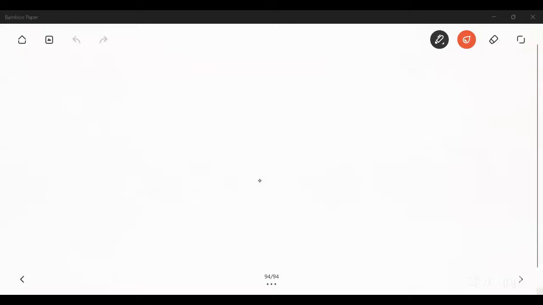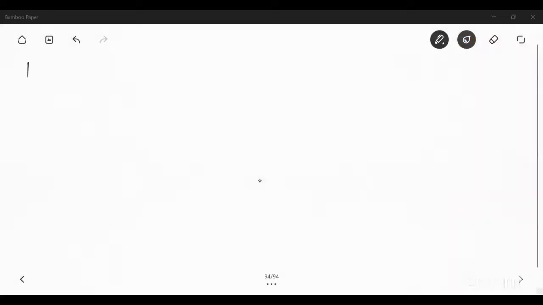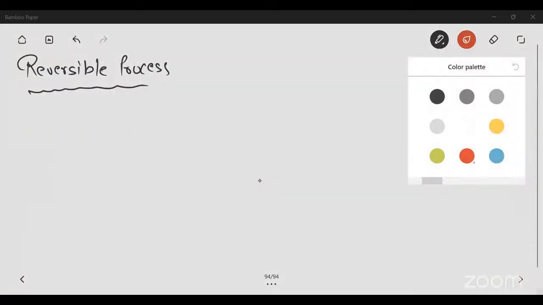So, firstly, we have to discuss the reversible process. So, what is the reversible process?